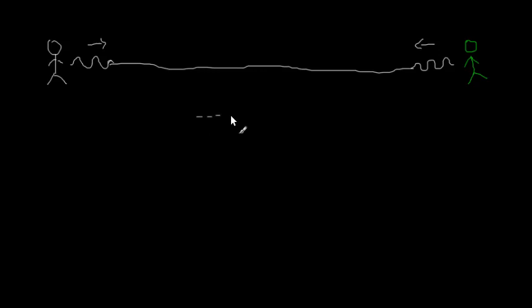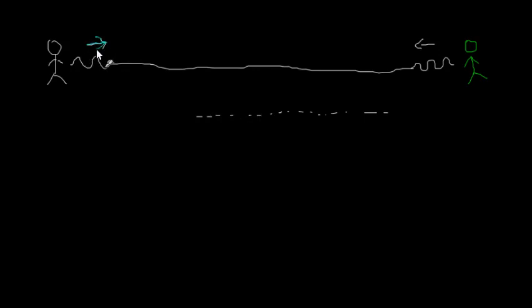I'm just going to draw this dotted line, and I'll use different colors to represent those two waves. Now let me use blue color for this wave coming from the right.